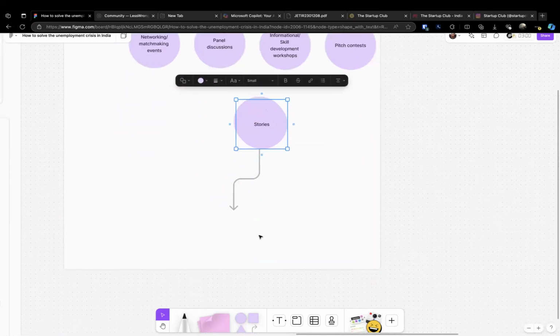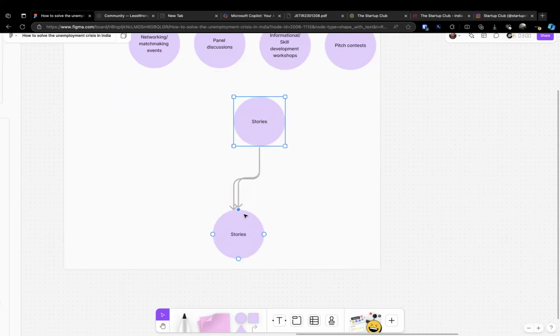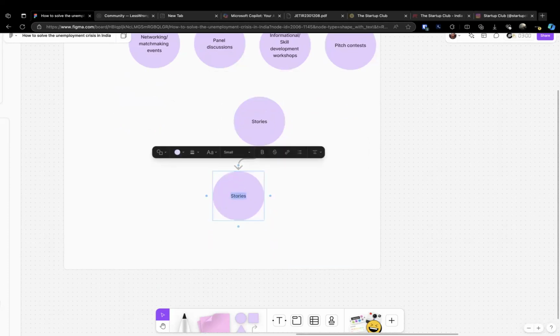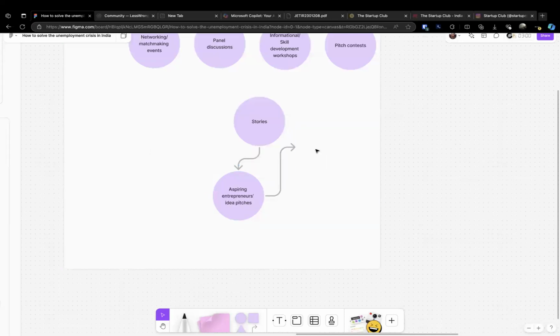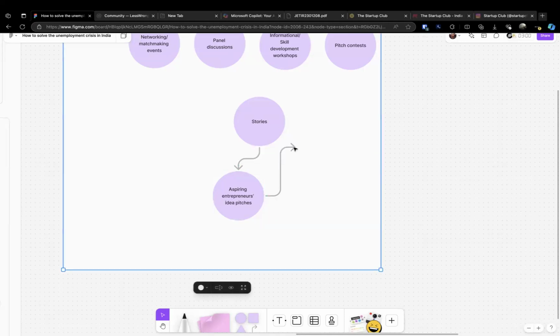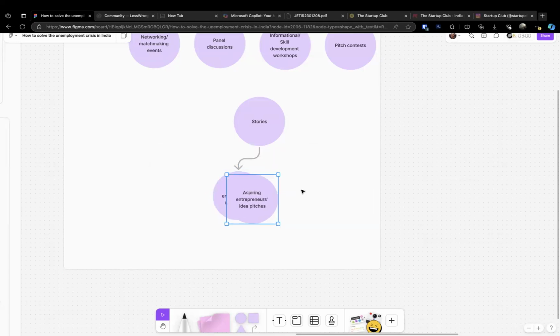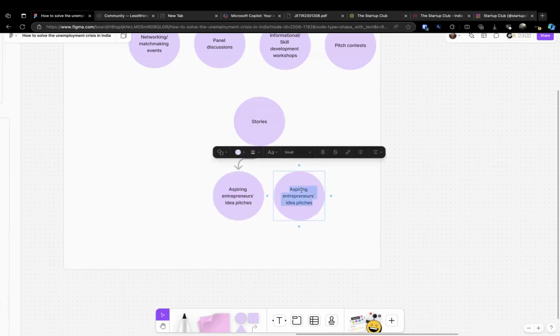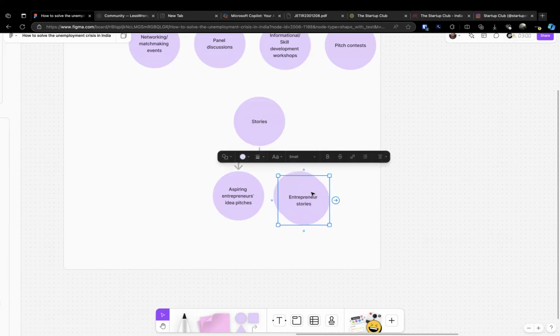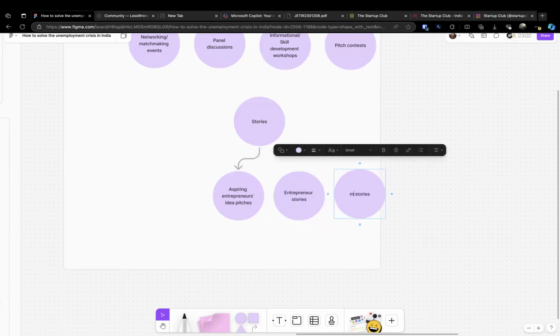The stories would be like aspiring entrepreneurs, ideas, entrepreneur stories, mentor stories.